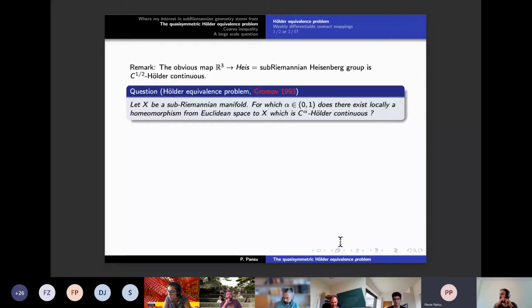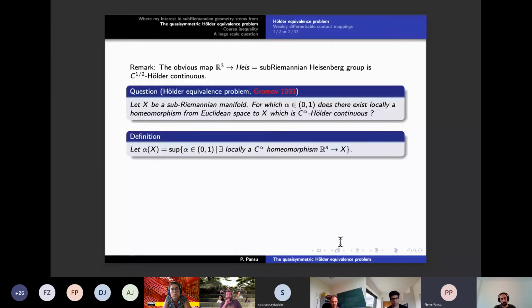It gets a little bit worse. It's not very good. So the question by Gromov is, can one do better? Can one find a better set of coordinates where the sub-Riemannian metric looks more regular than in the obvious coordinates? And that's a difficult problem.